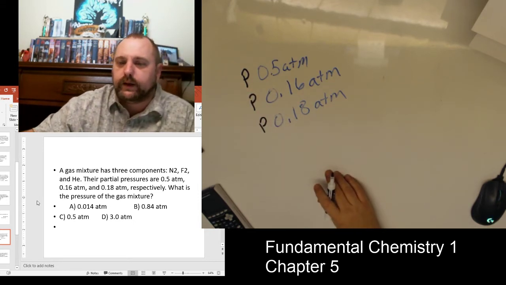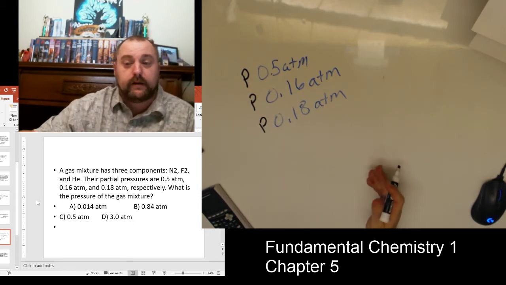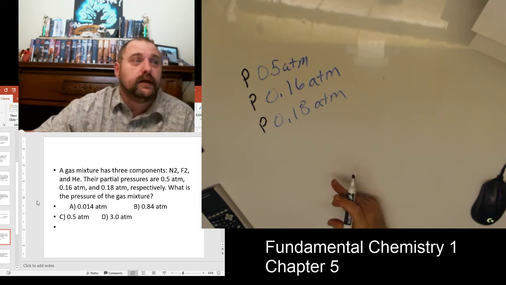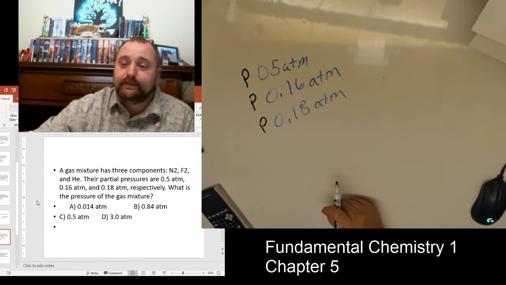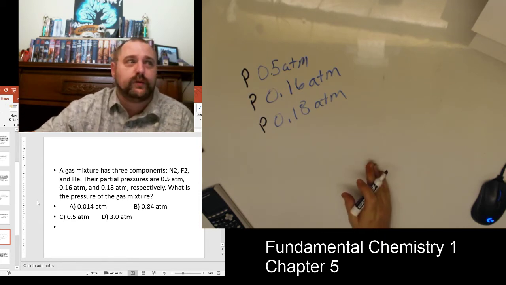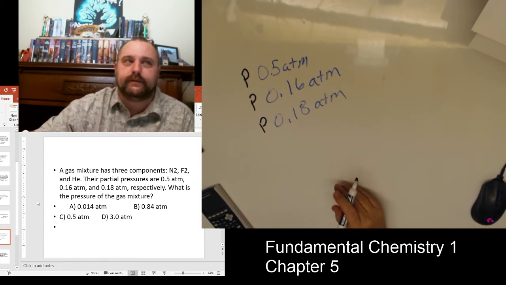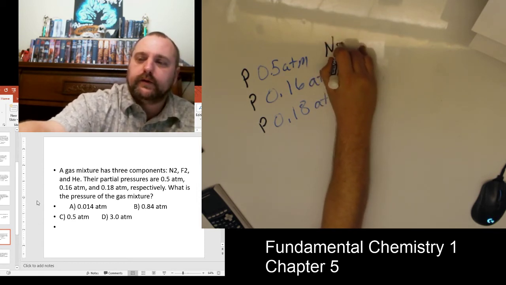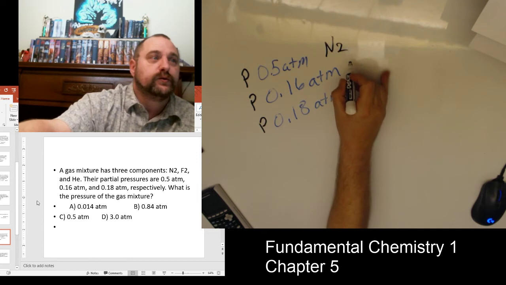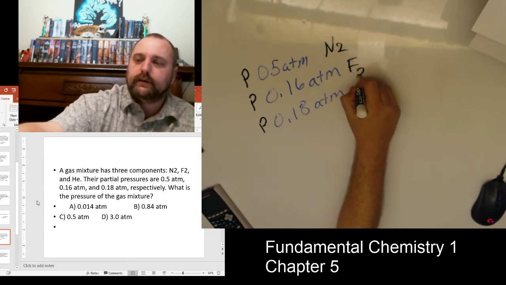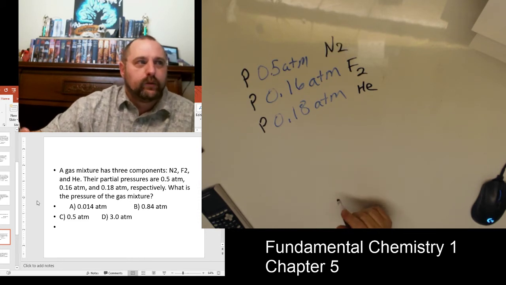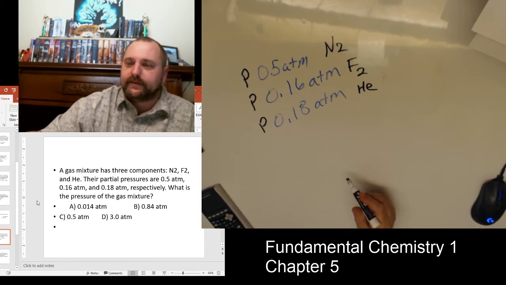And so if we are trying to figure this out, that's a giveaway that they're all pressures. Now, N2, F2, and He, and we want to know which one's which, but we get that word respectively. And so that means that they're in the same order. So N2 would be the first one, F2 is the second one given, and then helium would be the last one given. And it wants to know what is the pressure of the gas mixture.